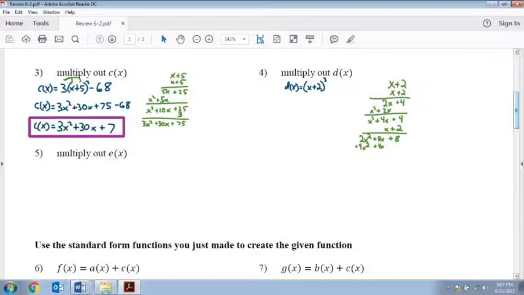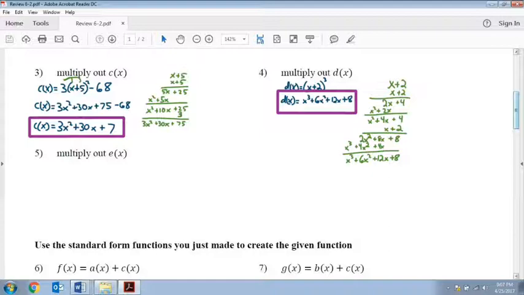And then x times x squared is x to the third power. And then we'll combine our terms. X to the third plus 6x squared plus 12x plus 8. So d of x equals x to the third power plus 6x squared plus 12x plus 8. That is your standard form for d of x.